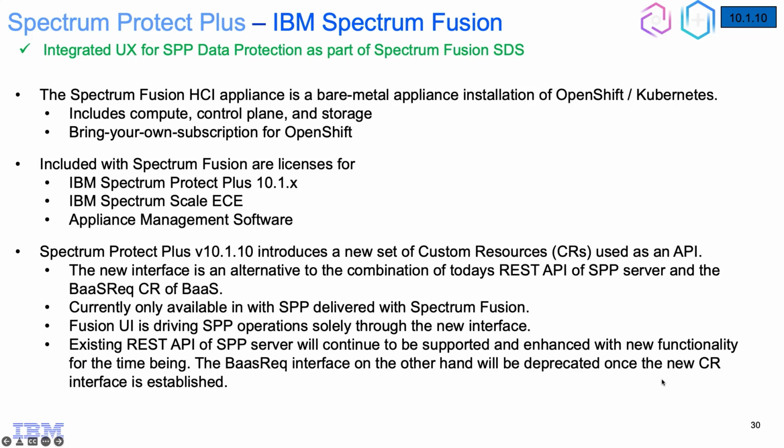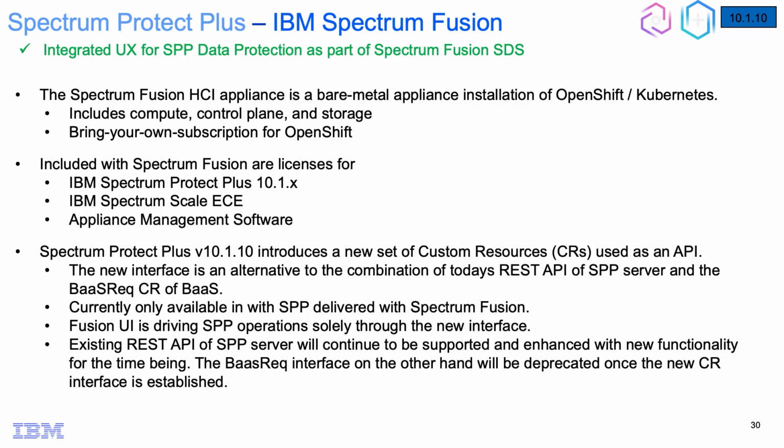Okay, so continuing with Spectrum Protect Plus version 10.1.10 and later. For those of you who may not be aware, IBM has introduced a new appliance or bundle called IBM Spectrum Fusion.